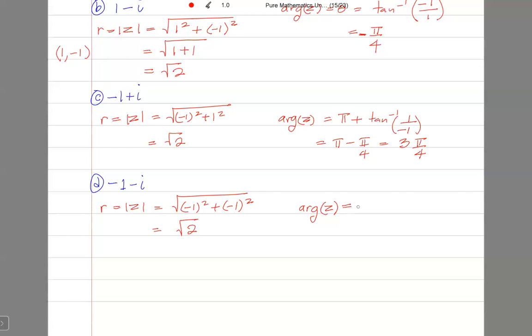So the argument theta is equal to minus pi plus tan inverse of minus 1 over minus 1. Minus 1 over minus 1 is the same as positive 1, and the tan inverse of positive 1 is positive 45. So this is minus pi plus pi by 4, and the answer here is minus 3 pi by 4. All right, I'm going to stop the video here and then we're going to go to the next page.